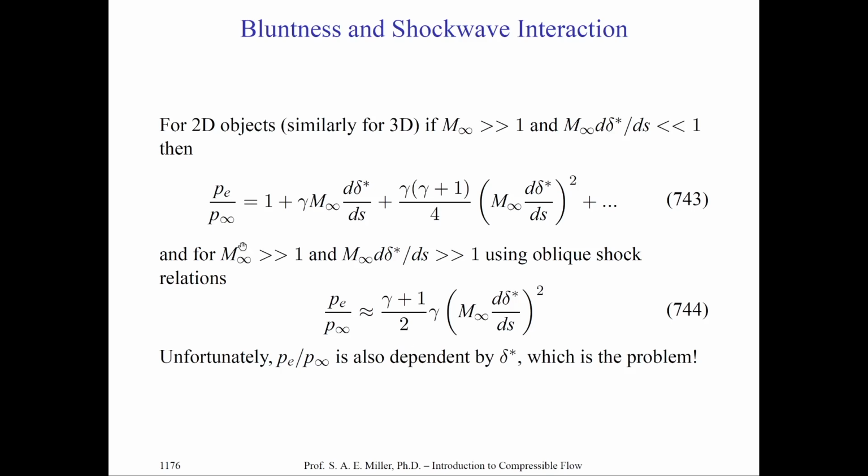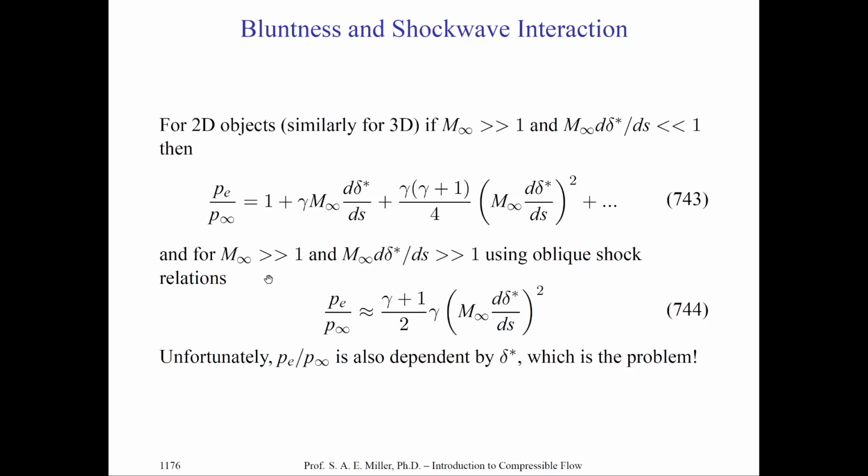Therefore, we can write the static pressure at the edge of the boundary layer divided by the ambient pressure, p_e over p infinity, as going as 1 plus gamma M infinity d delta star/ds plus gamma times (gamma plus 1) over 4 times (M infinity d delta star/ds) squared plus higher order terms. This is, of course, nothing but an expansion, which we're going to be cutting off at higher order terms.